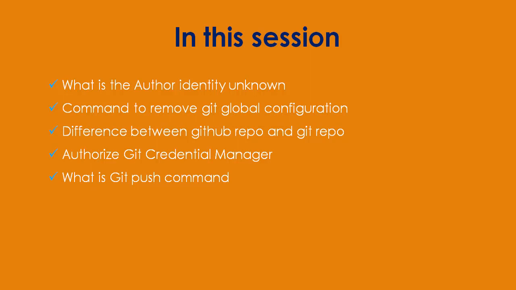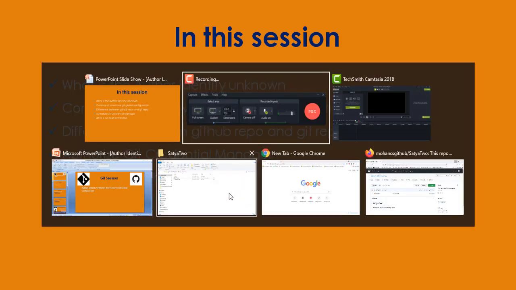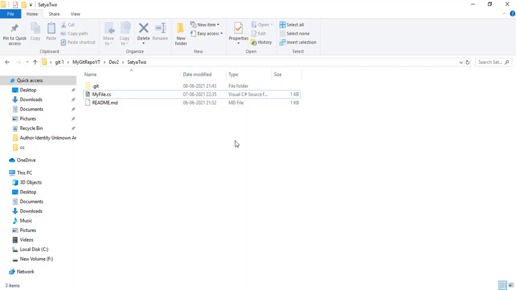Before starting with author identity unknown, I need to go to the dev to local workspace. In my last video I already showed you how to perform git add, git status and git commit. The git commit was successfully executed and committed to my staging area, but I want to reset my username and email.